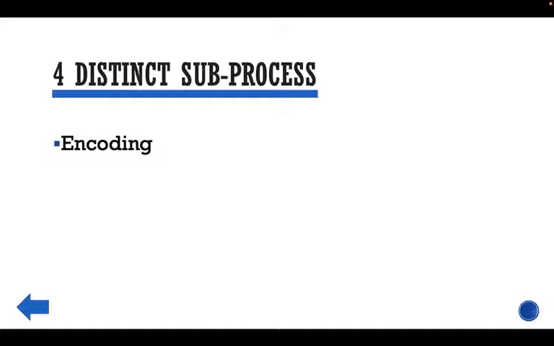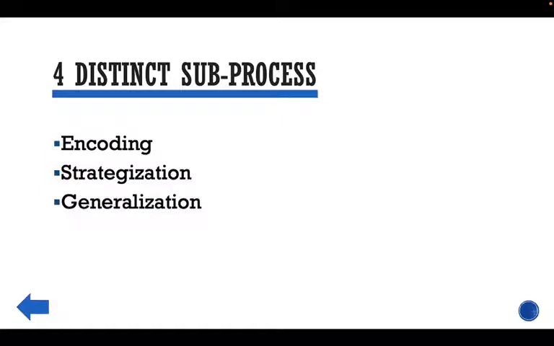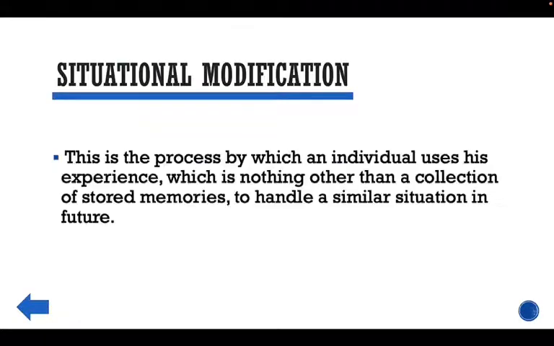We get information into our brain cells through a process called encoding. Second is strategization, generalization, and automatization.